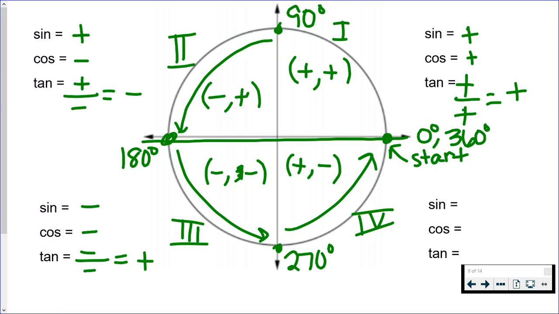Sine is my y value, which is negative. Cosine is my x value, which is positive. Y over x, which is sine over cosine, would be negative divided by positive, meaning tangent would have a negative value in the fourth quadrant.